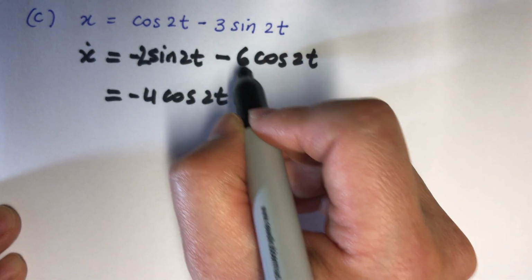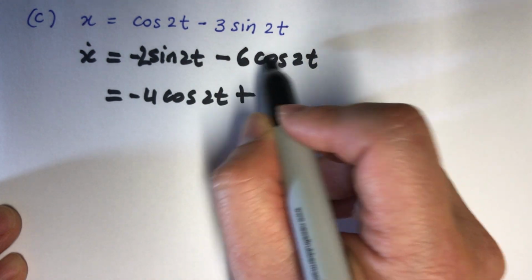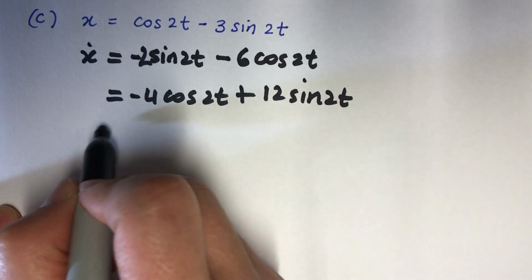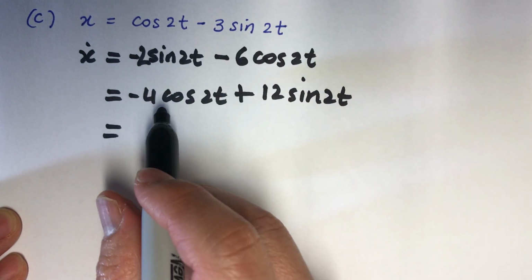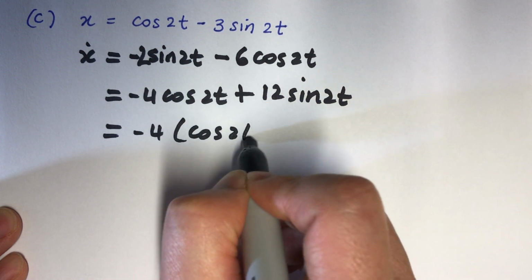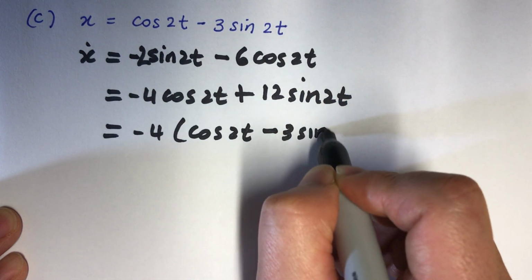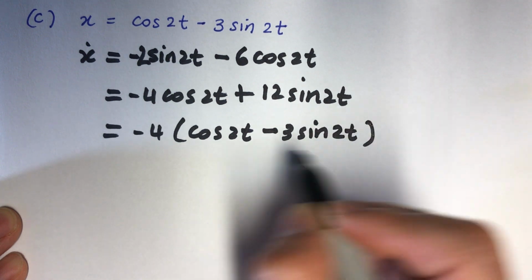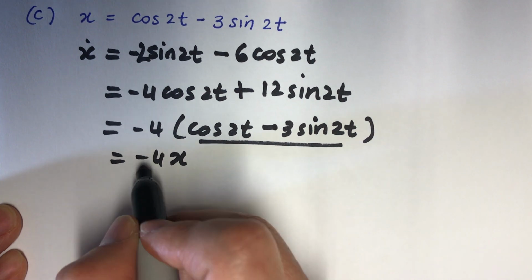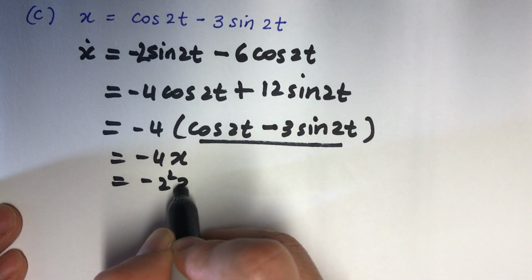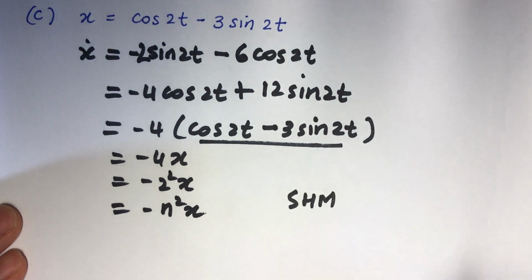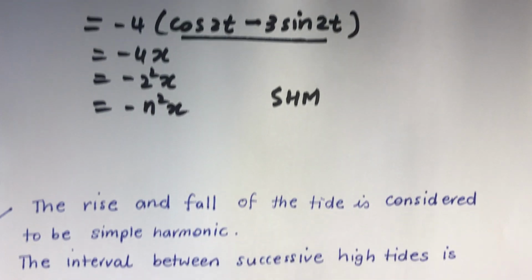Now cos becomes negative sine, so it becomes plus 2 times 6, 12 sine 2t. Now I need to make this in terms of x, so I'm going to take 4 out. Oh, look at that. So that is x. So that means simple harmonic motion. Excellent. So that's what we got.